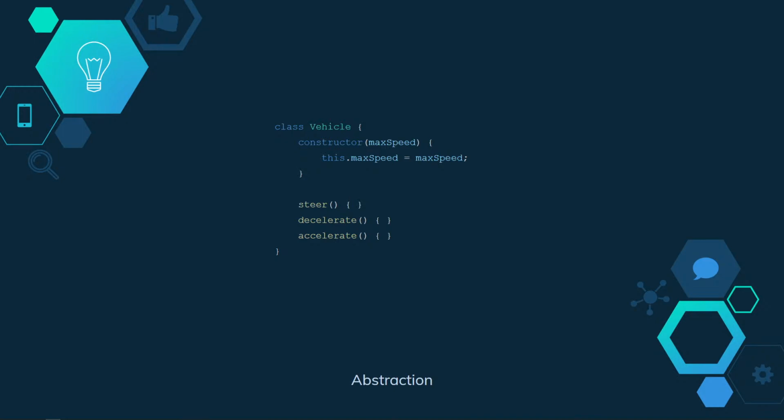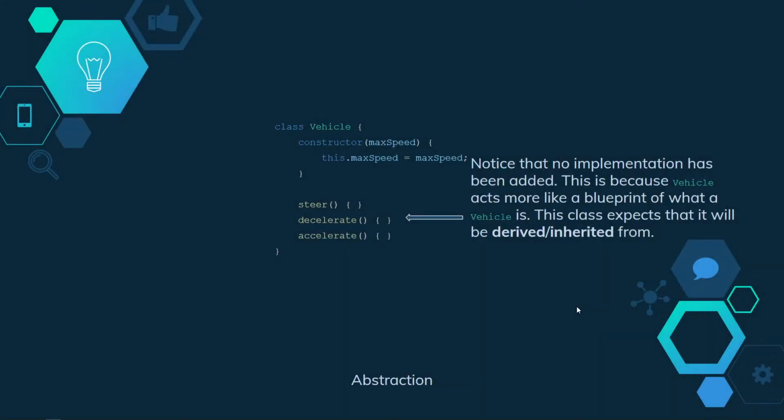So this gives us some pretty cool abilities here. Here we have a simple class called vehicle. And we're not really defining steer, decelerate, and accelerate, right? Because a vehicle can be anything.